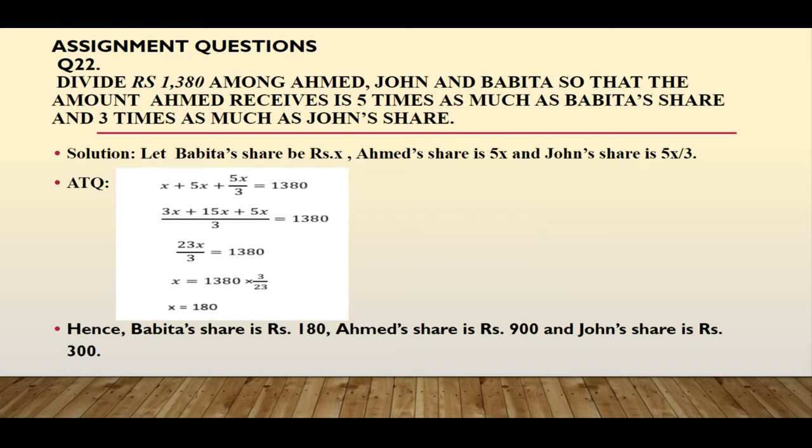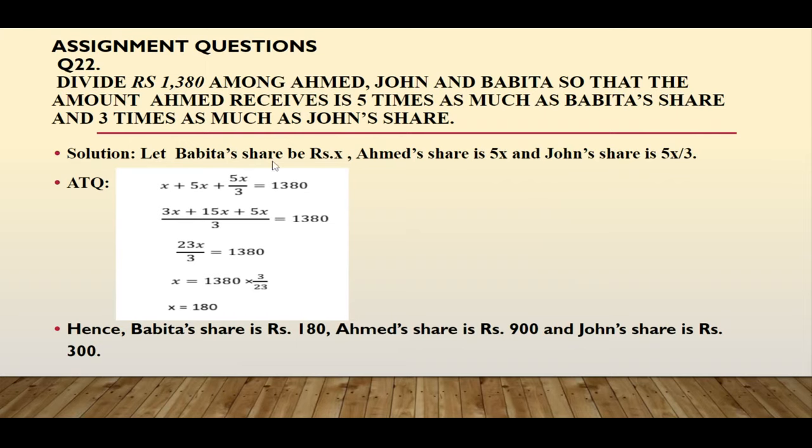Now the question says that Ahmed has received 3 times as much as John's share. So what do you think John has received? John will be getting 1/3 of Ahmed, right? It will be just the opposite. So it will be Ahmed's share divided by 3, Ahmed's share being 5x, so it will be 5x upon 3.